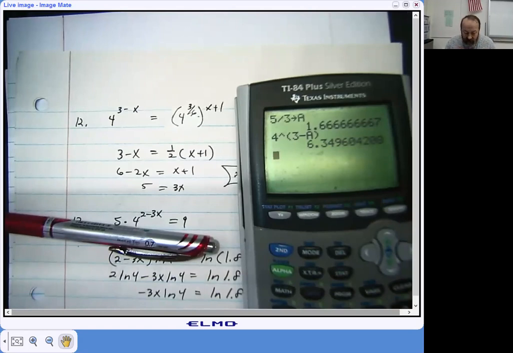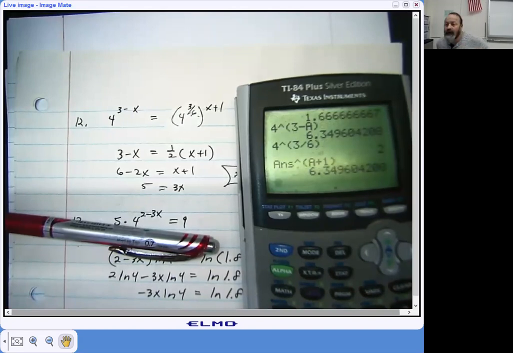But then if we look at the other side and we took 4 to this 3/6 power, and then I'm going to hit enter, and I'm going to raise that to the a plus 1 power, because it was the x plus 1 power, I'm hoping I'm going to get 6.3496. So that tells me that in that whole scope, I actually did okay.